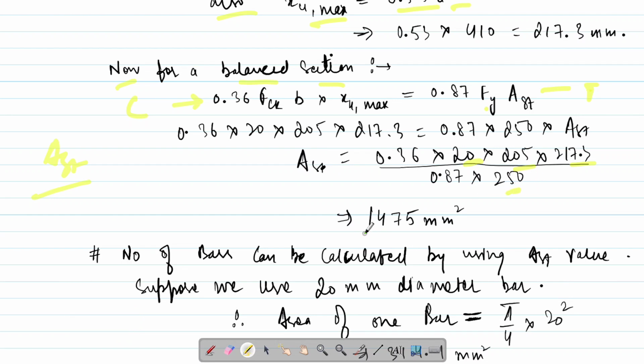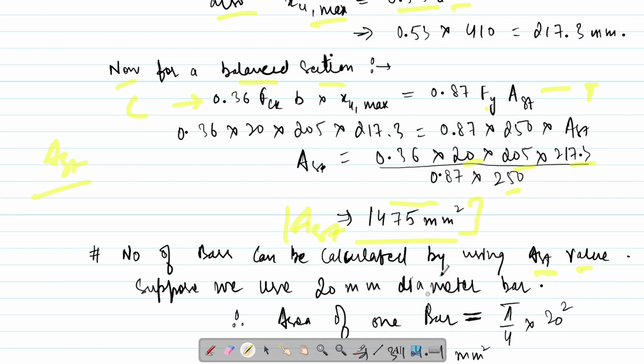So from here we can calculate the Ast, and that comes out to be 1475 mm square.